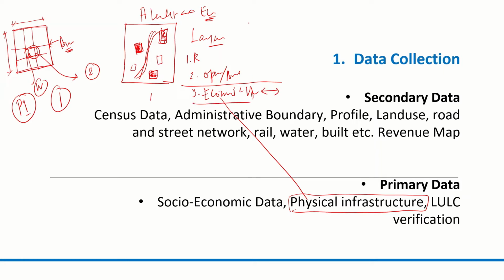Or let's say we are concerned only with the social or socio-cultural aspect. Mapping of the important cultural activities, for example mosques or temples and any other common facilities in the overall study area.